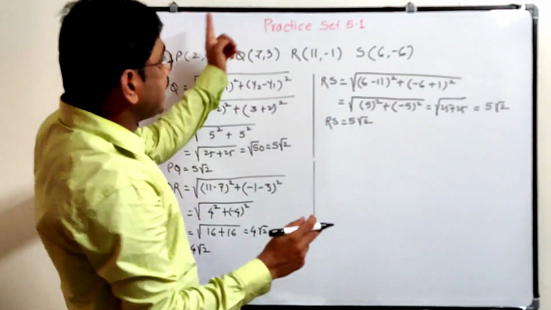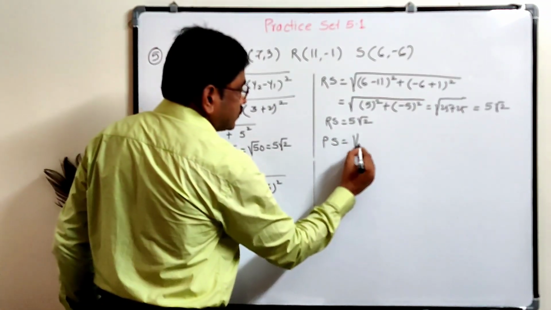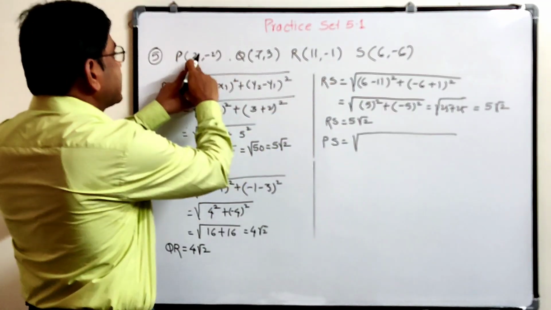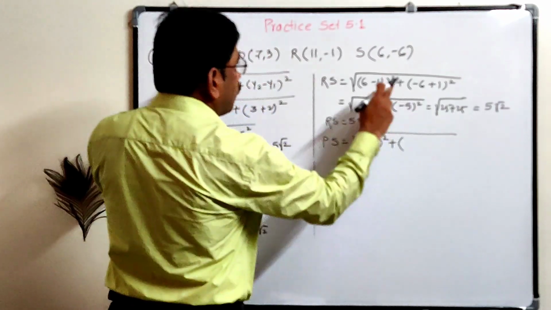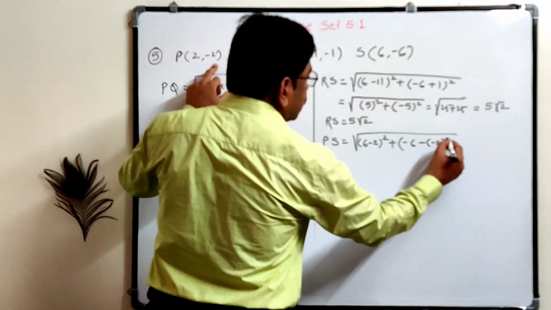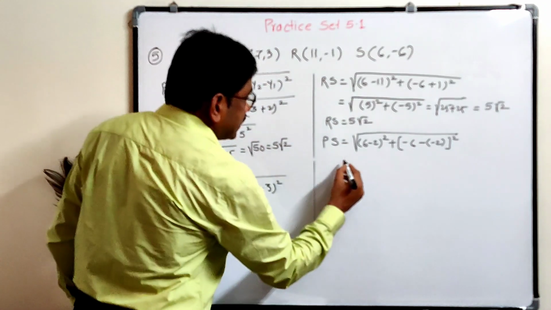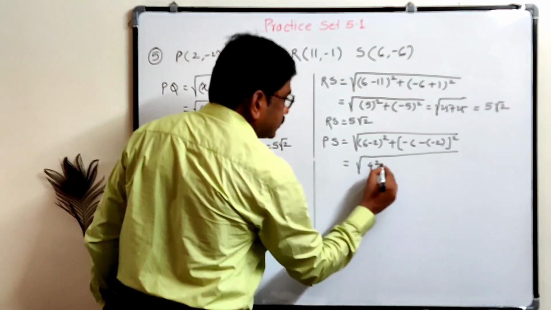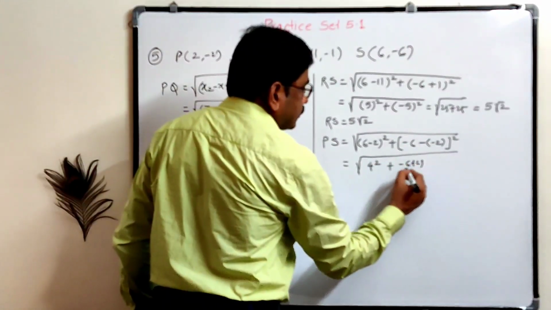Now find PS. Last distance is PS. Root of 6 minus 2, x2 minus x1, that is 6 minus 2 bracket square plus y2 minus 6 minus minus 2 bracket square. So here we get 6 minus 2 is 4 plus minus 6 plus 2 bracket square.